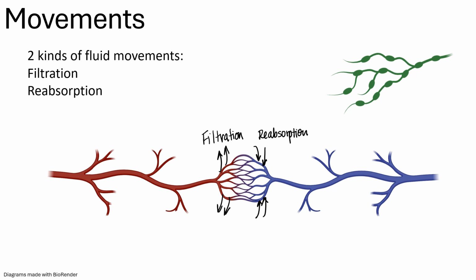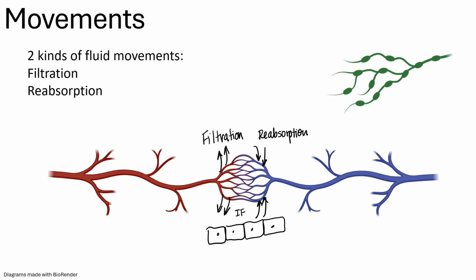This diagram also shows a capillary with the surrounding tissue cells and open space between the capillary and the tissue cells. So don't forget that you have the intracellular fluids in these cells that I'm drawing here, but anything leaving the capillary would have to go through the interstitial fluids in order to get to the intracellular fluid. So filtration is depicted on the left side of this capillary bed, the arterial side. And these arrows show substances moving from the capillary to the interstitial fluid and ultimately into the intracellular fluids of the tissues.